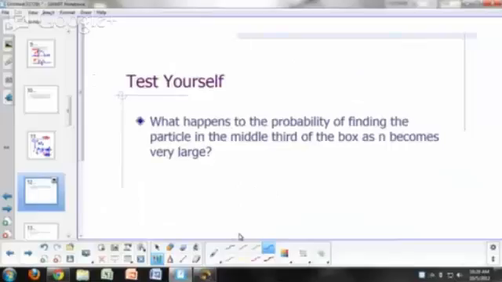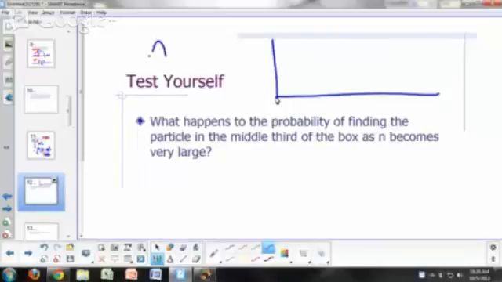Okay, what happens to the probability of finding the particle in the middle third of the box as n becomes very large? What do you think is going to happen? The larger the n, what happens to the number of nodes? Increases. So let's imagine what happens as n approaches infinity. You're going to get so many, very closely spaced nodes.